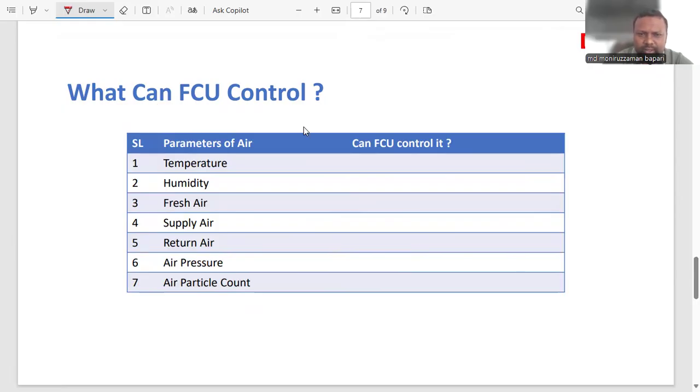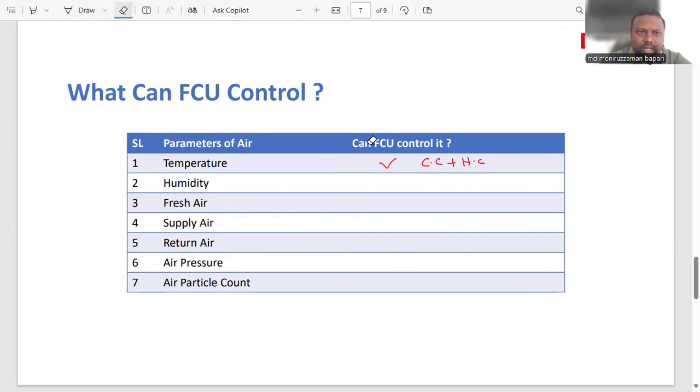Remember, in the very first chapter, we learned the parameters of air that we can control through an HVAC system. Temperature: a fan coil unit can control the temperature, but to do so it must have both a cooling coil and a heating coil. If both coils are available, with a supply of hot water and chilled water, it can effectively control temperature.